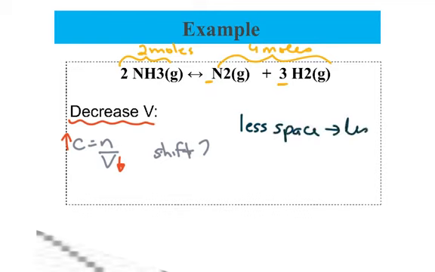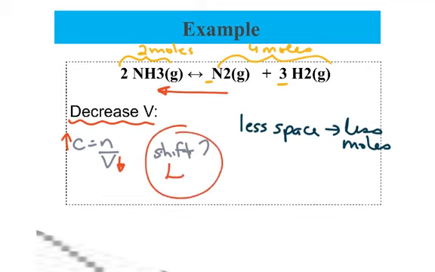We want fewer moles then, because we're used to having a fairly large amount of space, and we're decreasing that space, so we're trying to uncrowd ourselves. So less space, fewer moles. That means we're going to shift to the side with fewer moles. We're going to shift to the left here.